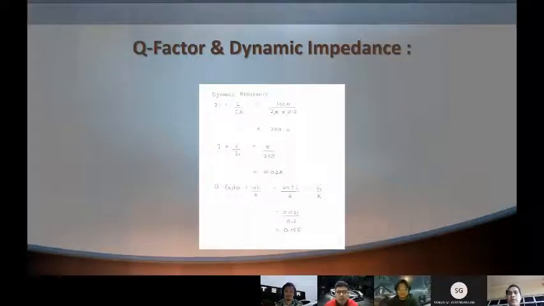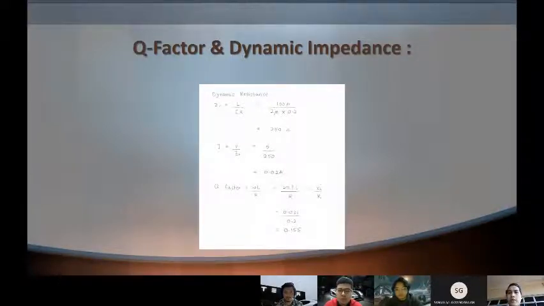First we must find the dynamic impedance, where the formula is ZR equals L over CR, and then we substitute the value. The answer is 250 ohm. Then we find the current. The formula is V over ZR.